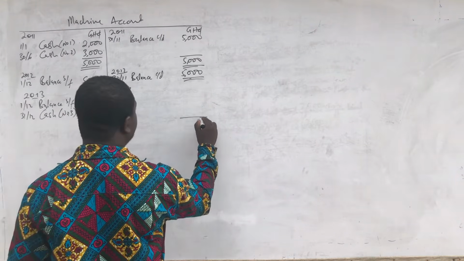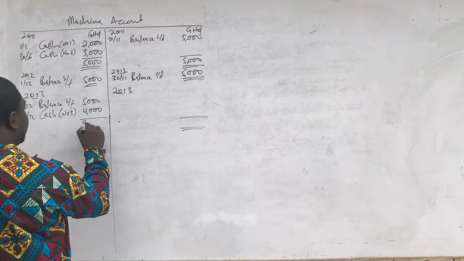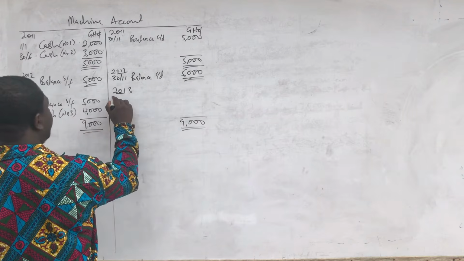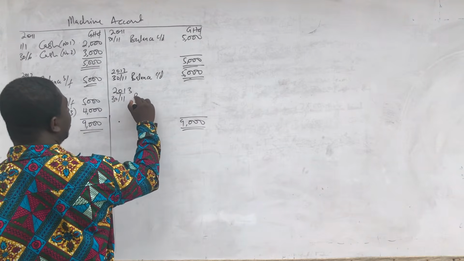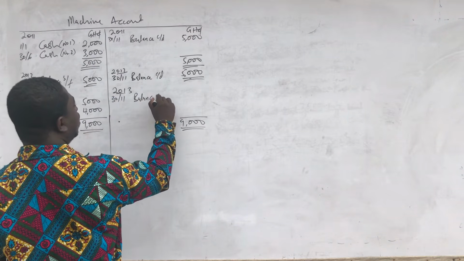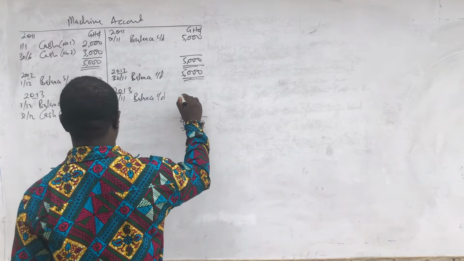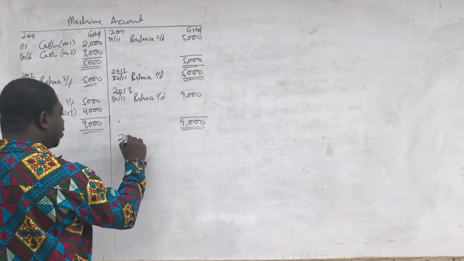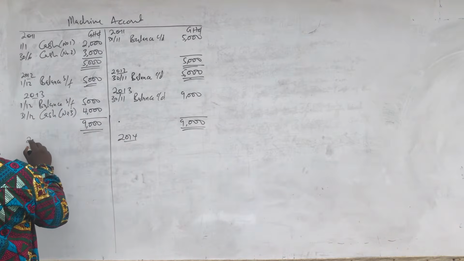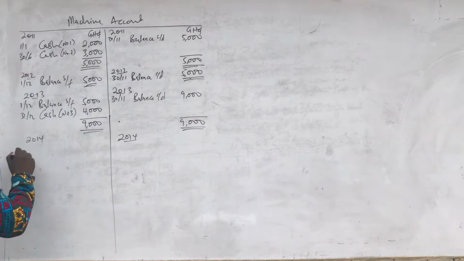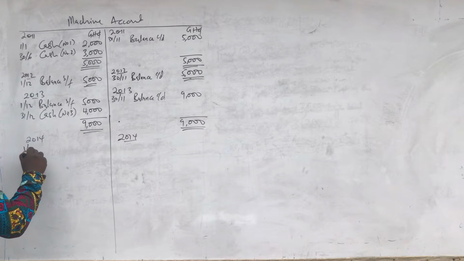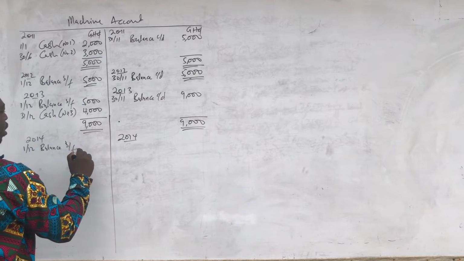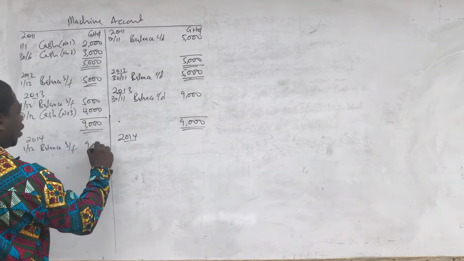And so we'll close off this account, and we'll say total is 9,000, and therefore on 30th November, the balance carried down is 9,000 Ghana cedis. And then we can jump to the final year, which is 2014. And then we'll bring the balance down and say 1st December, balance brought forward is 9,000 for the asset account.